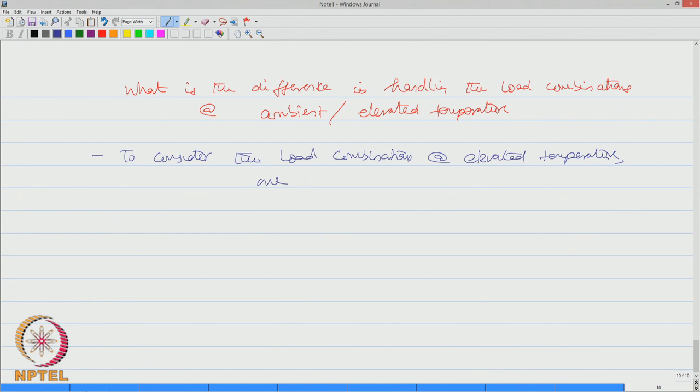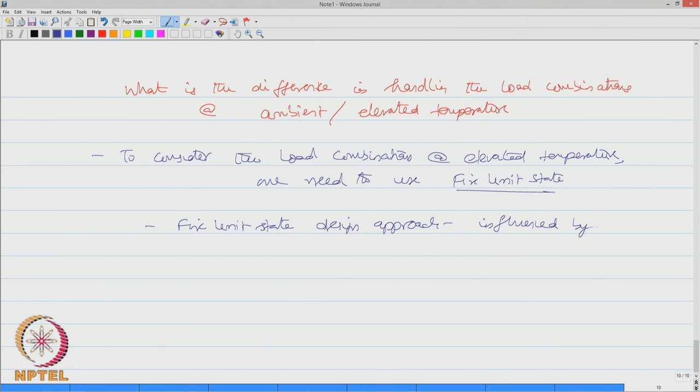We need to use fire limit state. Fire limit state design approach is influenced by use of partial safety factors.